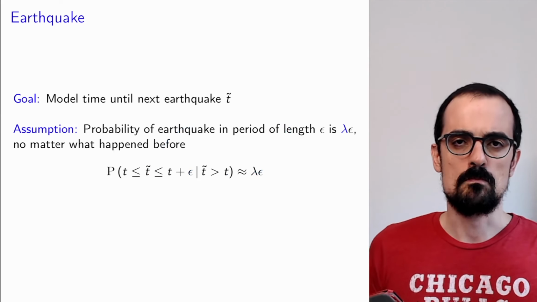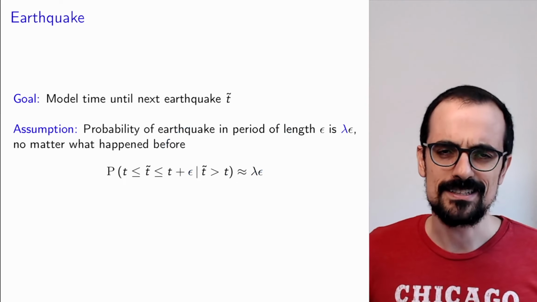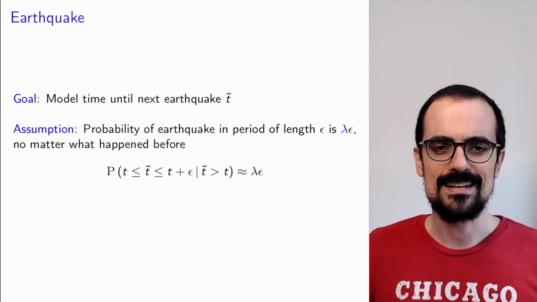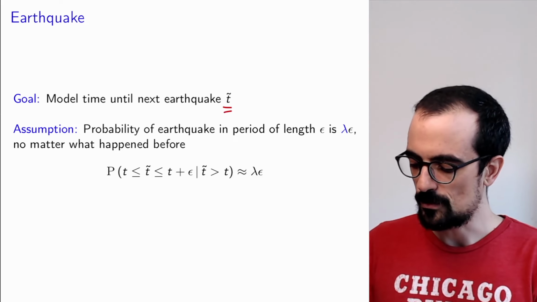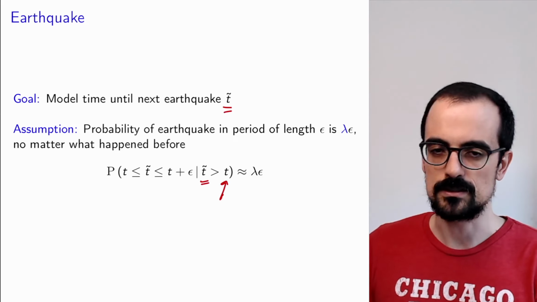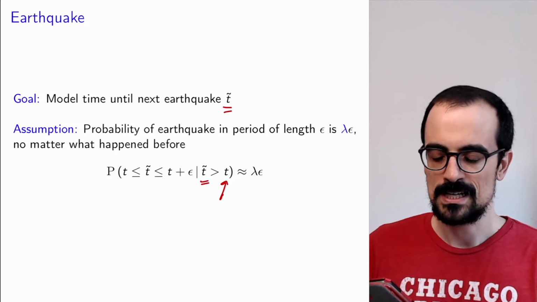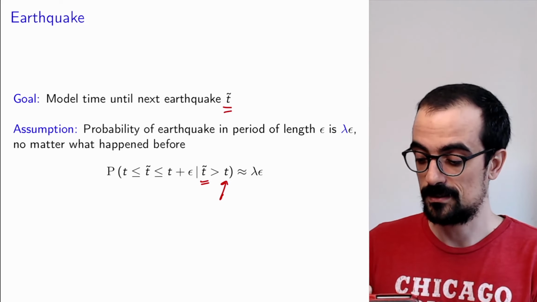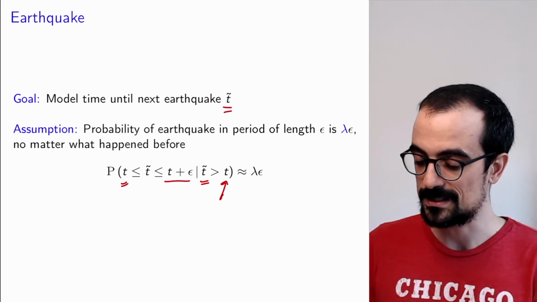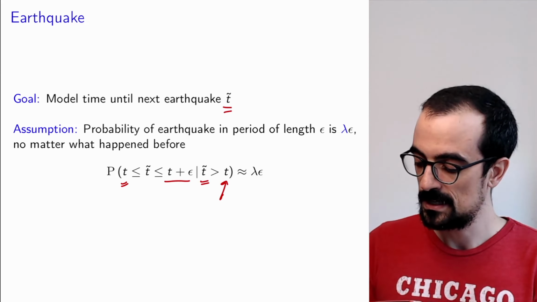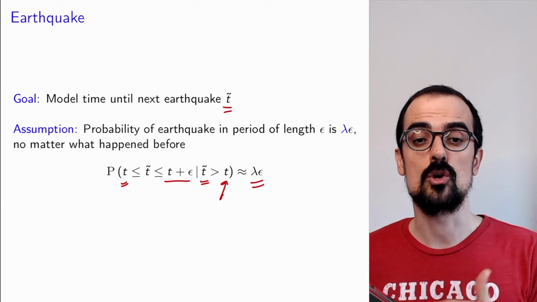Okay, so more mathematically, what are we saying about this random variable t? We're saying that if the random variable is greater than a certain constant t, then the probability that t is between that constant and that constant plus epsilon is equal to lambda epsilon when epsilon goes to 0.